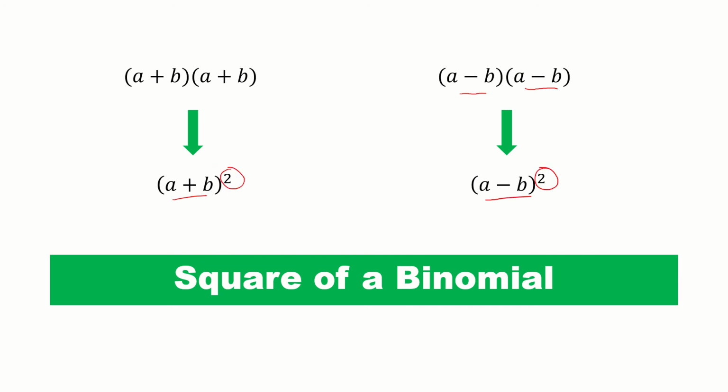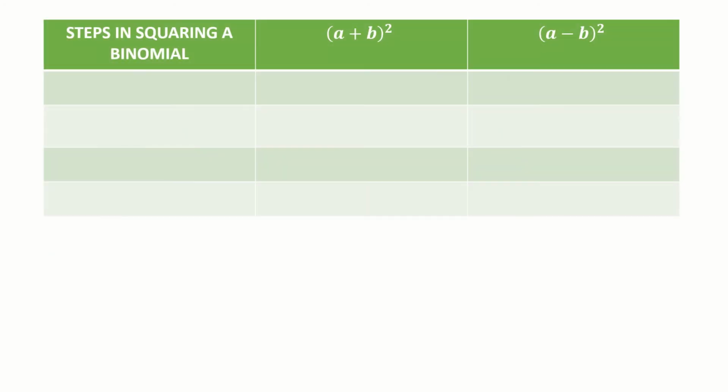So what could be the shortcut if this is the situation given to you? The first step would be to square the first term. Take note, the first term here is a, and the second term is b, because it's a plus b.